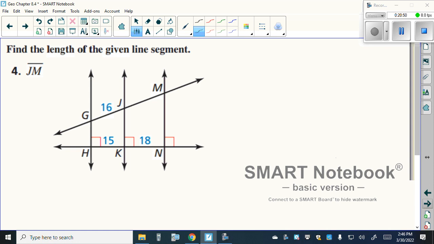It'll give us a decimal answer. I think it's 18 or 19.2 if we were to work this one out. Yep, it'd be 19.2.